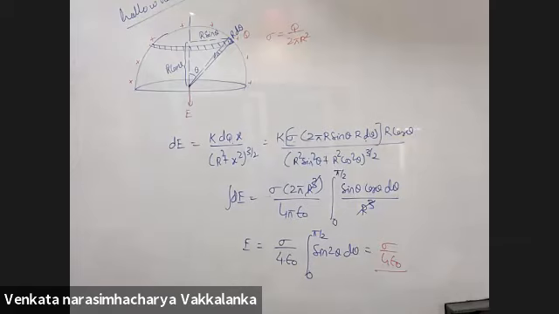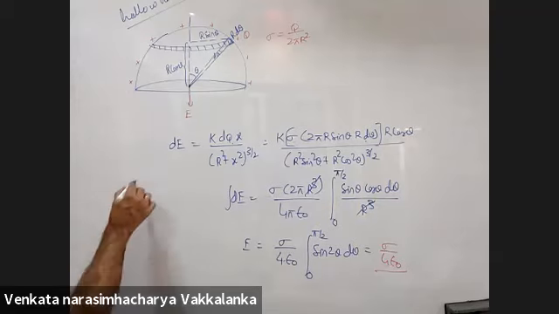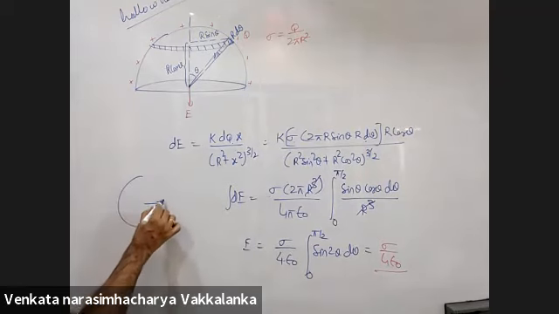Semicircular, what did you say? Like we had calculated for a semicircular line charge of uniform charge density, the field at the center is 2k lambda by r, outwards. This is a semicircular ring. This will be 2k lambda by r.